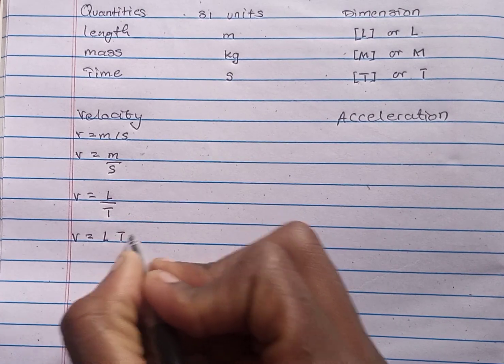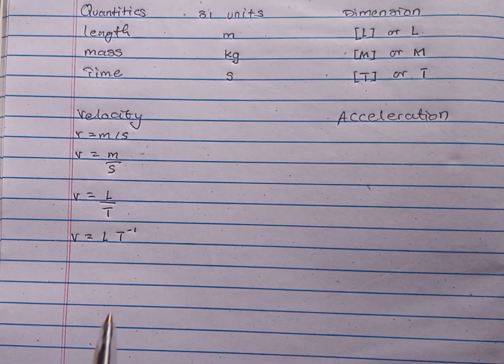So we're going to have T to the power minus 1. So this is the dimension of velocity.